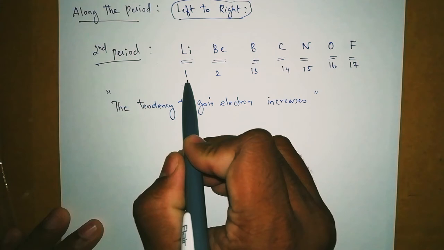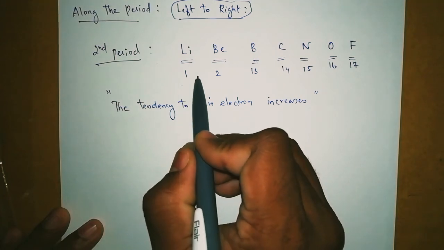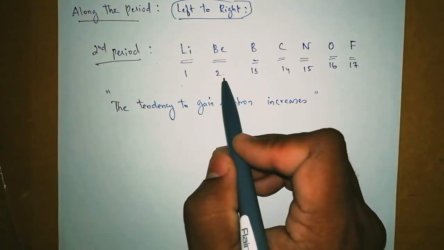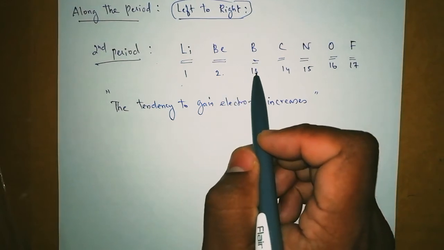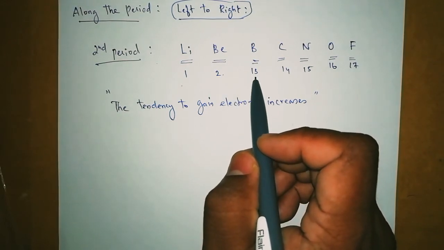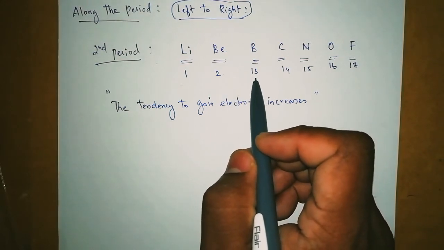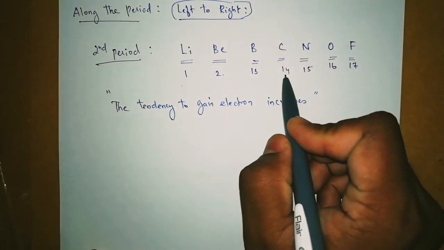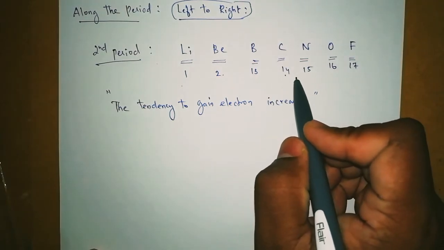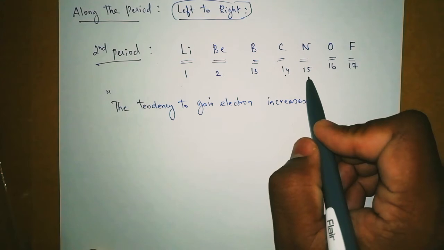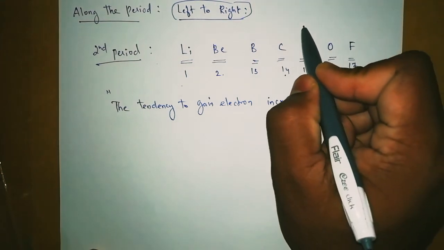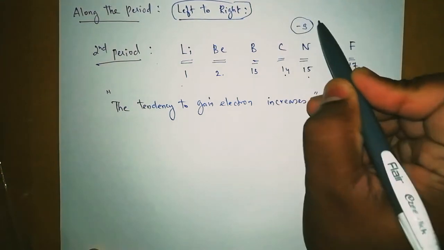As we know that lithium has a tendency to lose electron. Beryllium also has a tendency to lose electron. Here it becomes less, the tendency to lose electron becomes less. But when it comes to carbon, they never lose or never gain. When it comes to nitrogen, they need 3 electrons, right?